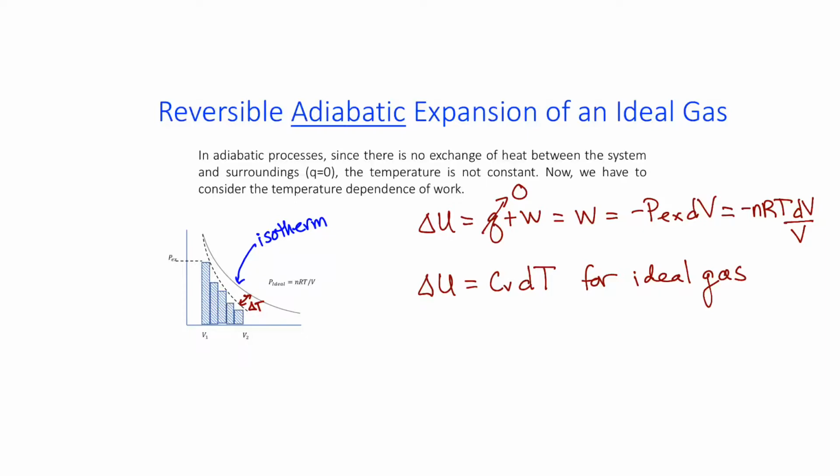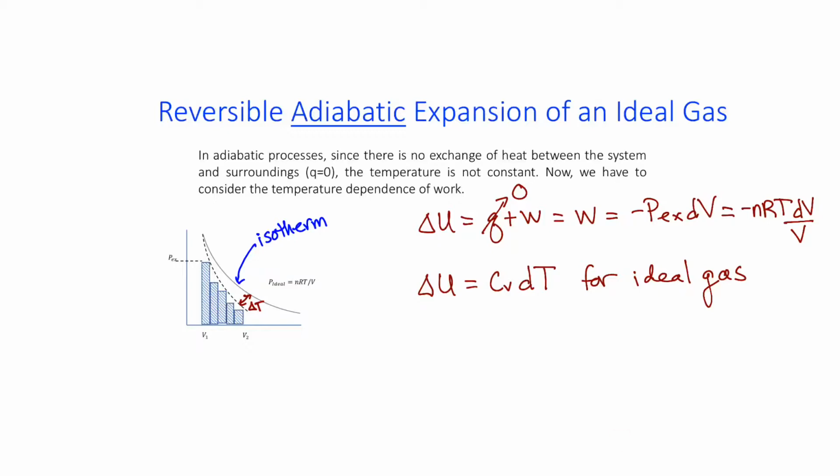Yeah, because now we have two equations for the same quantity. So we have one expression for delta U in terms of our changes in volume, and we have another expression for delta U in terms of changes in our temperature. Okay, so let's put these together and see what we end up with.